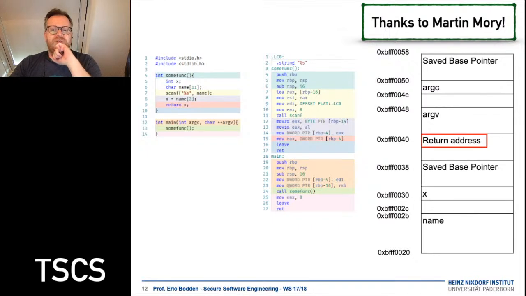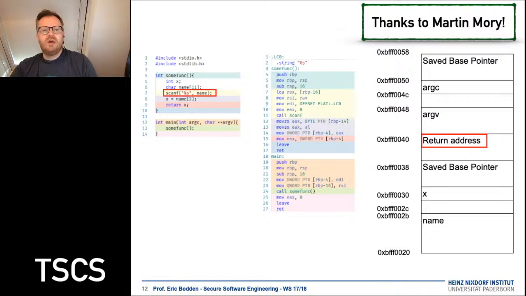The first thing that you see is that on this memory location, when you call this function, the return address is denoted. This is the address that you return to when the function leaves the call stack.